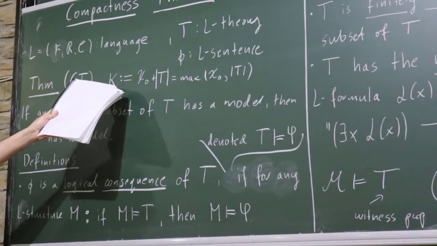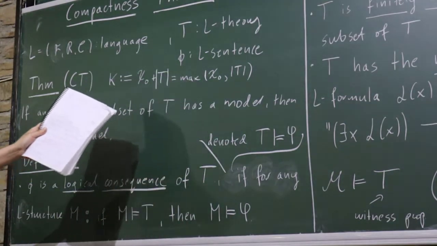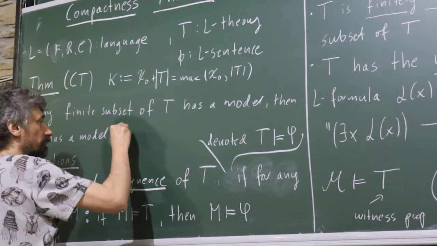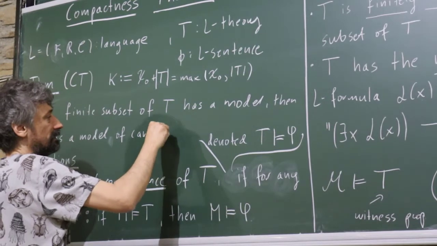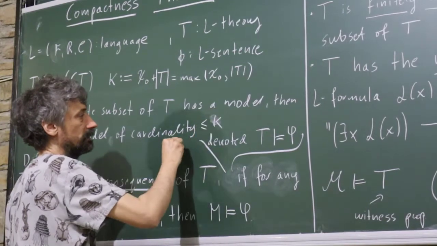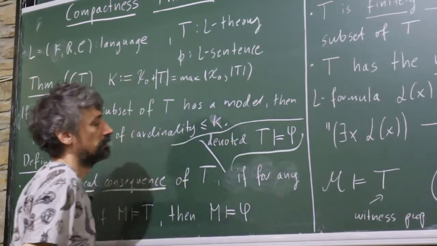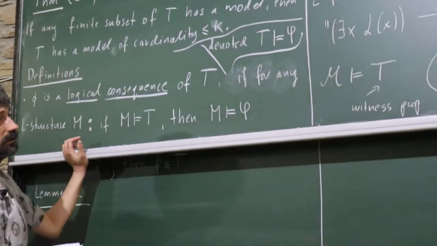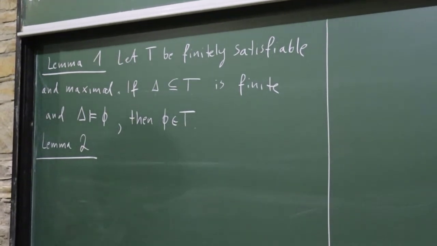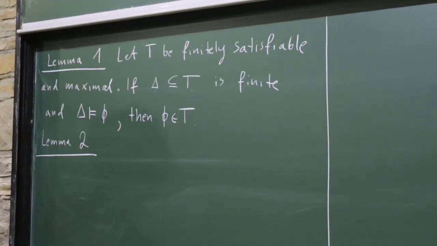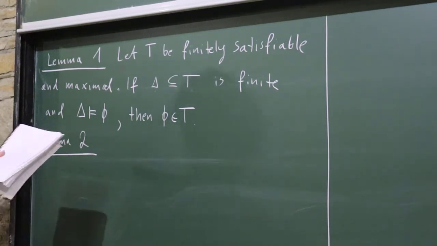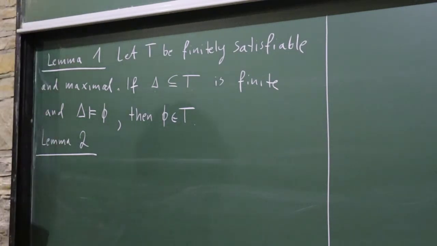Kappa is the maximum of Aleph 0 and the cardinality of T. T has a model of cardinality at most kappa. Sorry, I forgot to write it, but that the model has bounded cardinality will also be important later. So in Lemma 2, we put more assumptions on T and we get such a model.